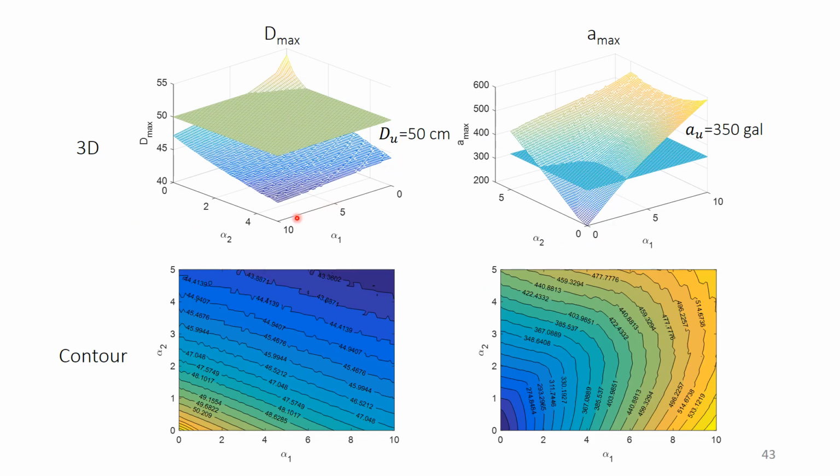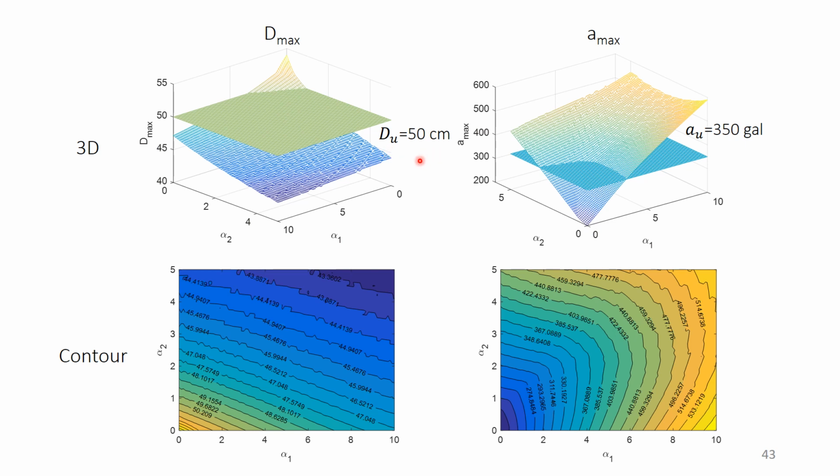From the left side figure, it will be the displacement response. The z-axis will be the displacement response, and x, y are alpha 1 and alpha 2 respectively. And the green color plane in this area will be the design target, du equal to 50 centimeters.